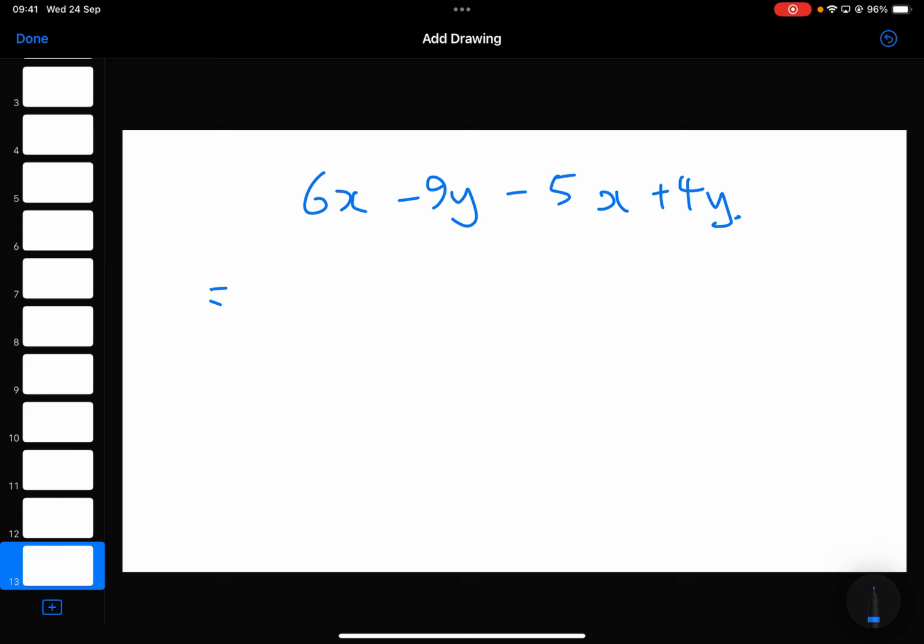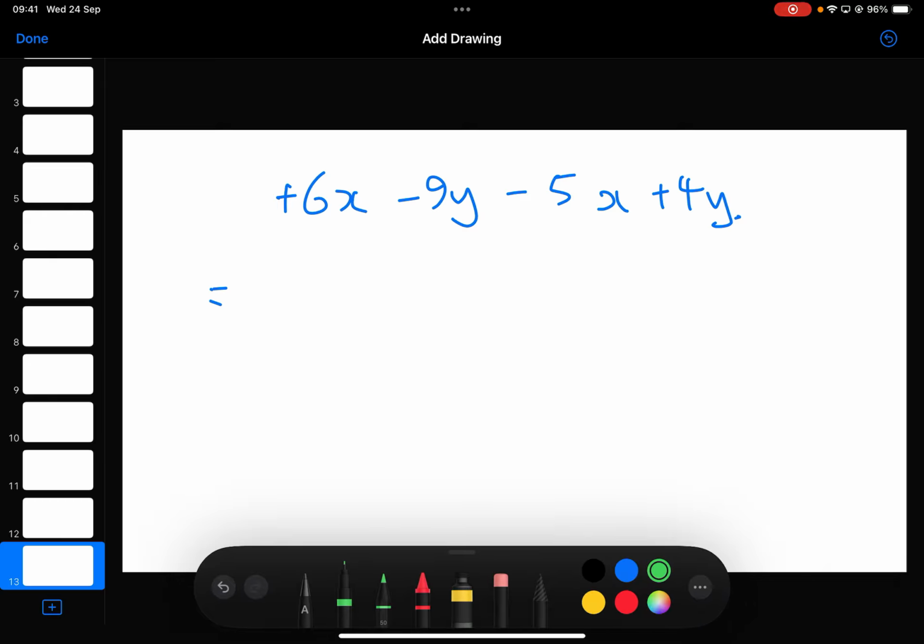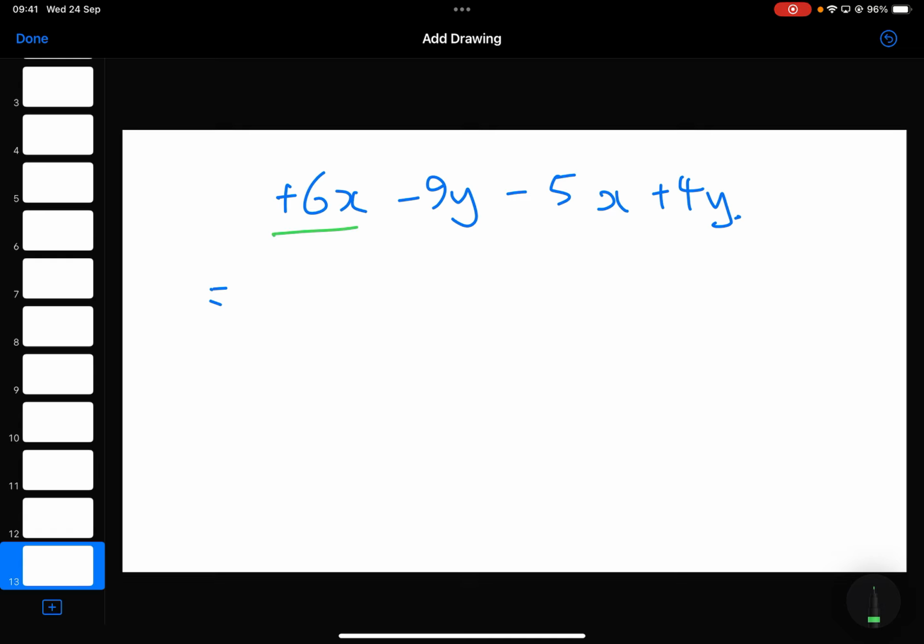Terms are separated by plus and minus. Then by default, if there is no plus and no minus, it is a plus. So altogether now you have 4 terms. The 4 terms are plus 6x, minus 9y, minus 5x, and plus 4y.